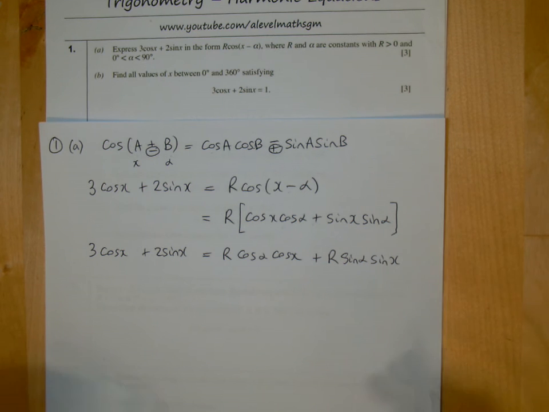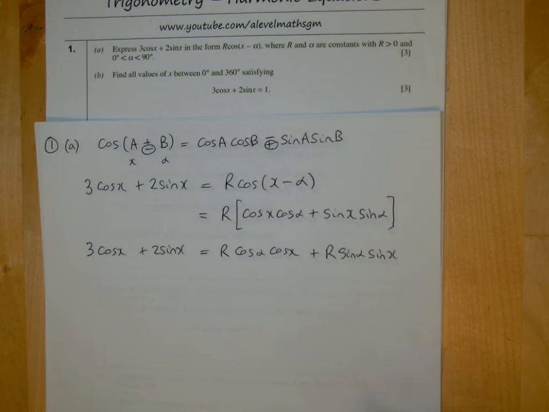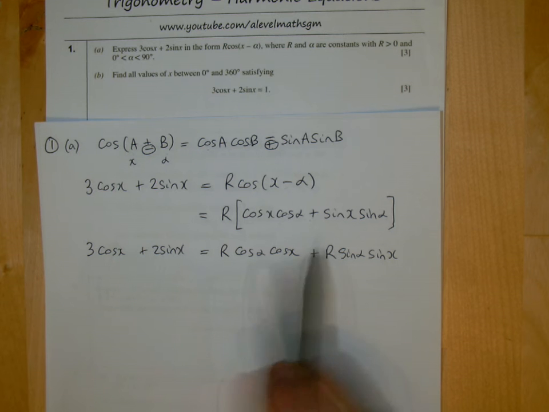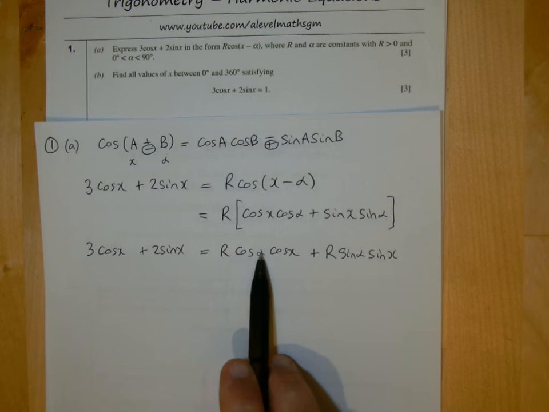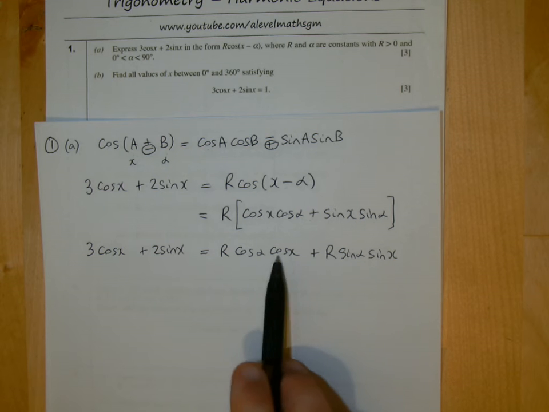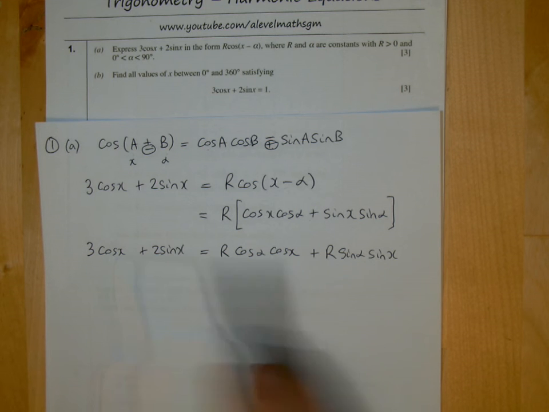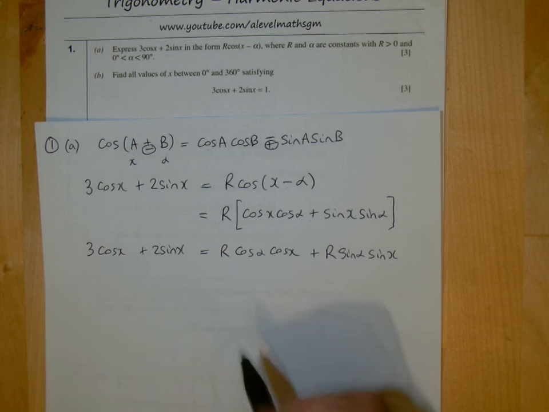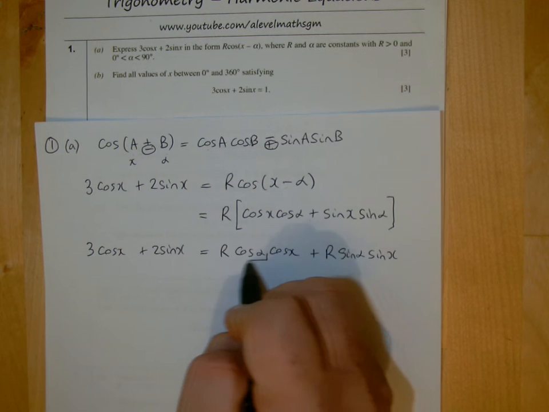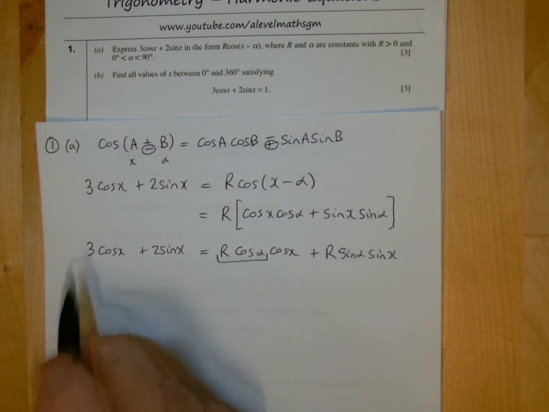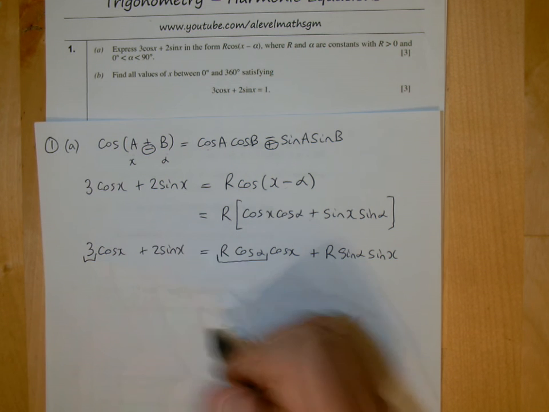And what you should do then is equate both sides. We've got 3 cos x plus 2 sin x, and a similar makeup here: r cos alpha cos x, r sin alpha sin x. If they both equal, what's in front of the cos x here, which is r cos alpha, has got to equal what's in front of the cos x there, which is 3.